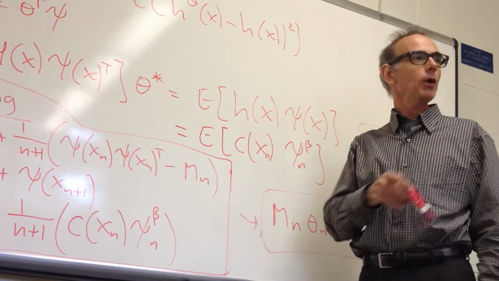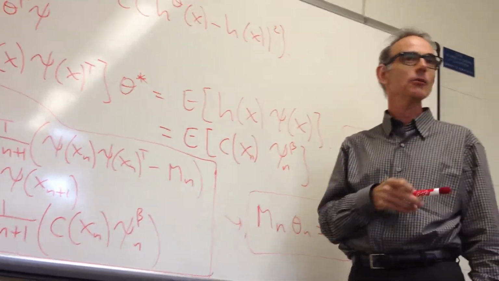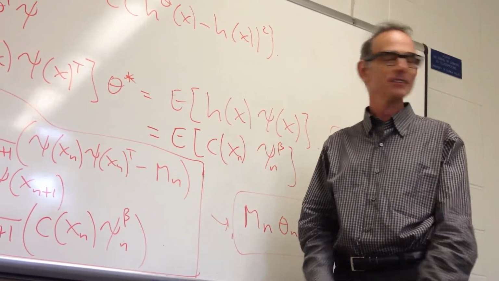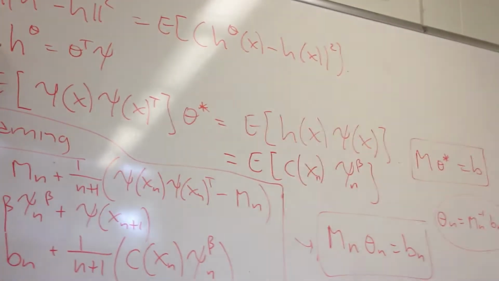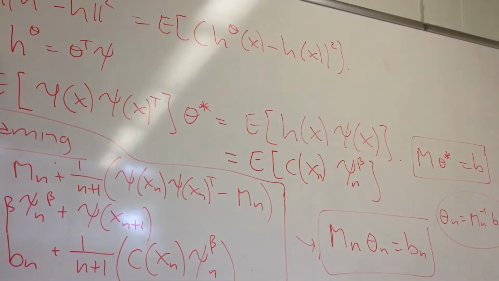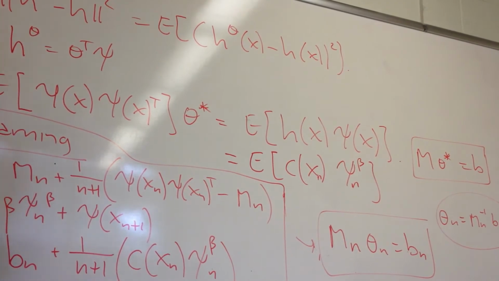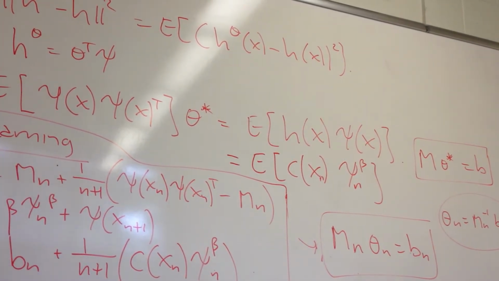Okay? So one person here had a brilliant question. Why are we bothering? I claimed that we were trying to find this because we were going to do policy improvement. That's one reason. So can I erase this? I'm not going to need it again.